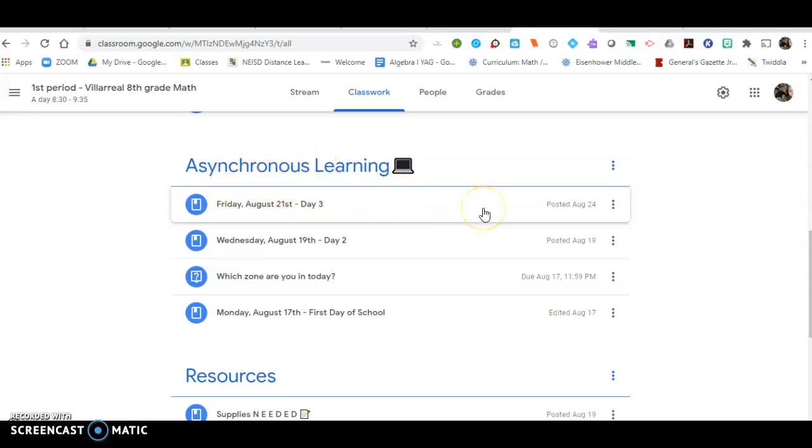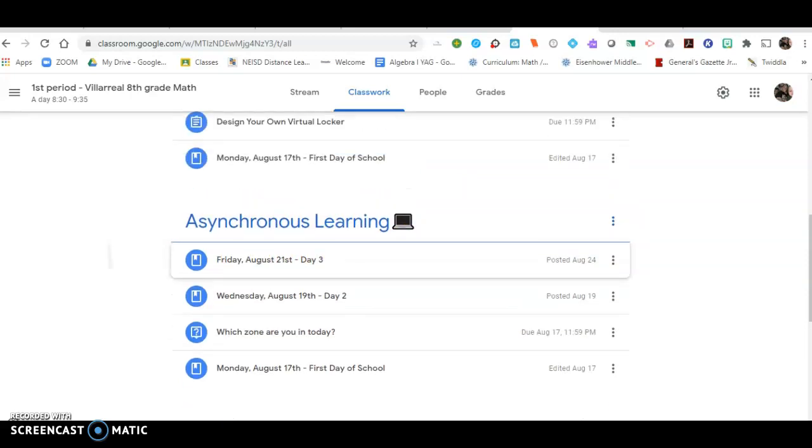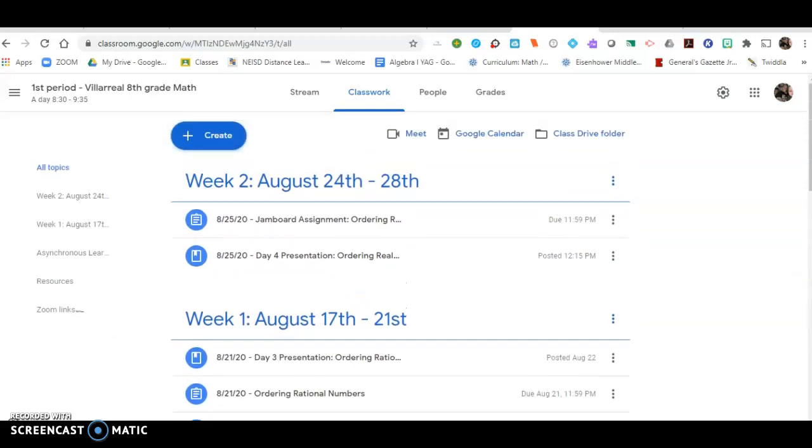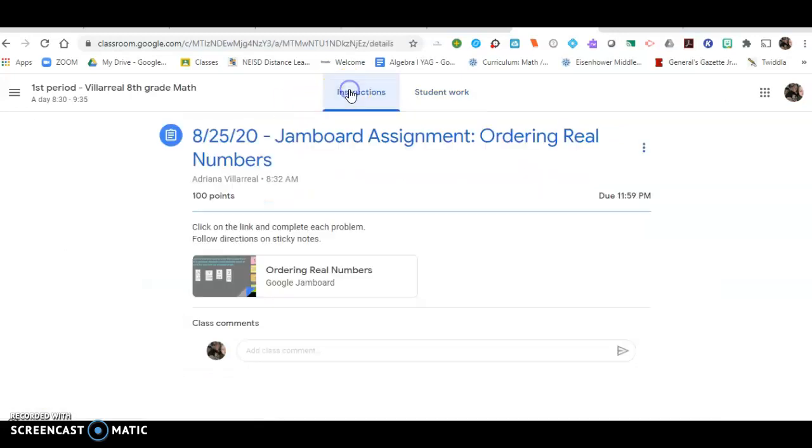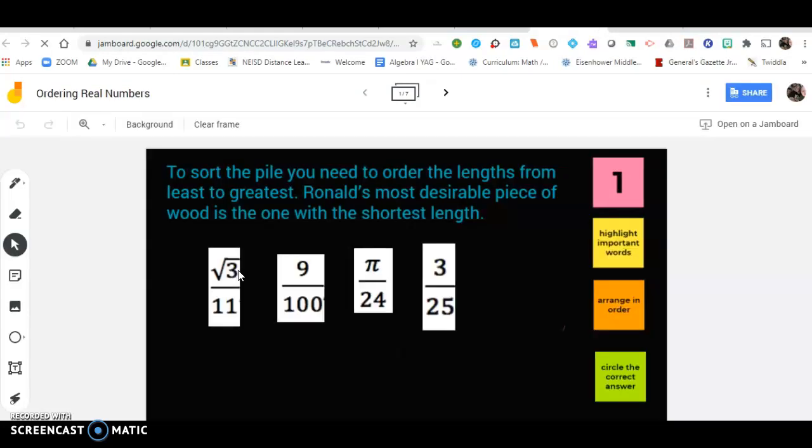You can click on it and access your document through there. But for now, I'm going to show you what it would look like if you clicked on it. Make sure you're clicking on View Assignment. Yours will pop up and it should look like this. Click here and it will open it up for you. It will rename it with your name included.